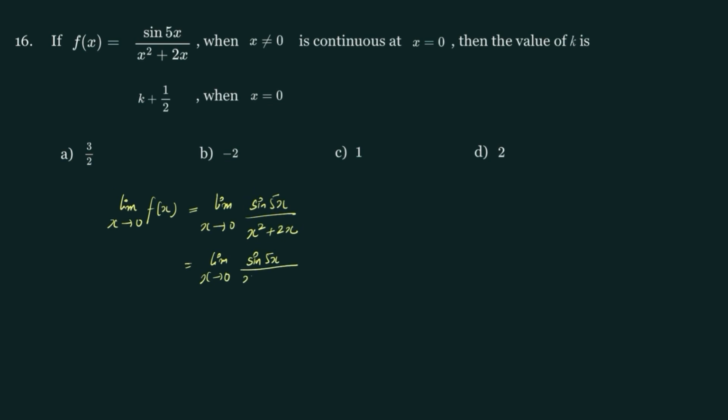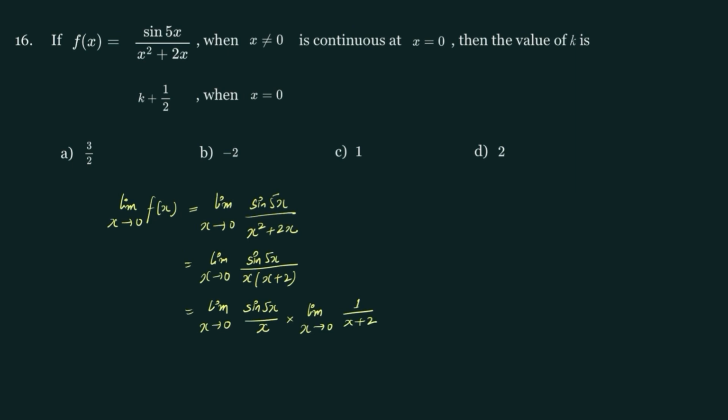So here it will be x plus 2. Now let us separate the limit. So we can separate like this: limit x tends to 0 sine of 5x over x into limit x tends to 0 1 over x plus 2.